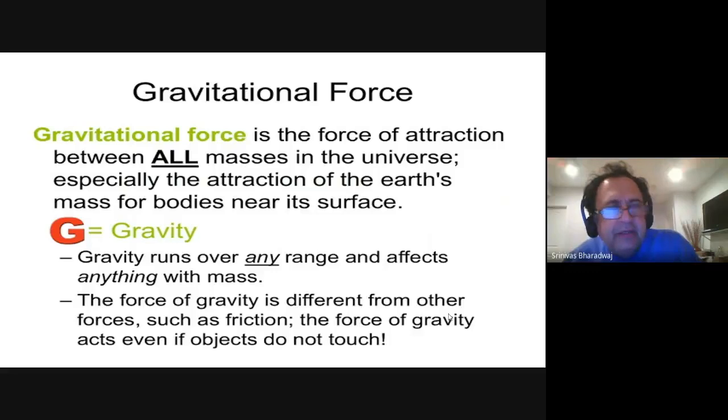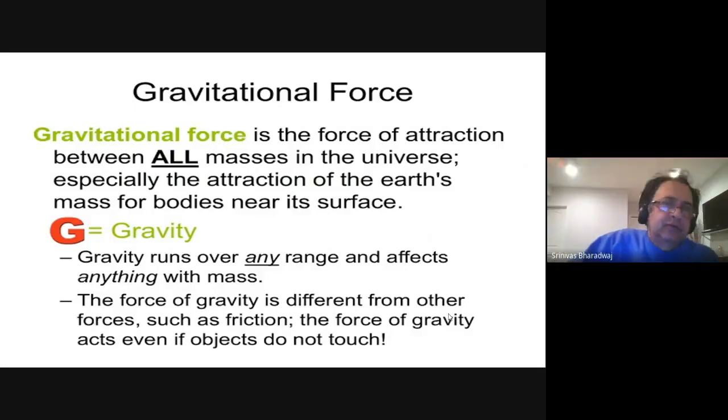The most important forces are gravitational force, normal force, tension, and frictional force. Frictional force comes in 2 varieties.